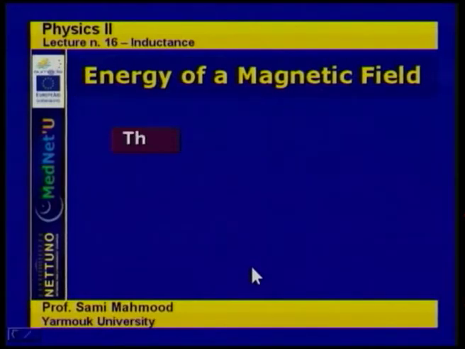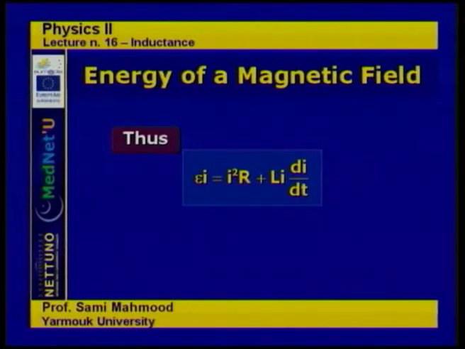And thus, if we multiply the equation all through by the current I, we obtain I times epsilon, which has dimensions of power, which is energy per unit time. This is equal to I squared R plus L times I times dI by dt.